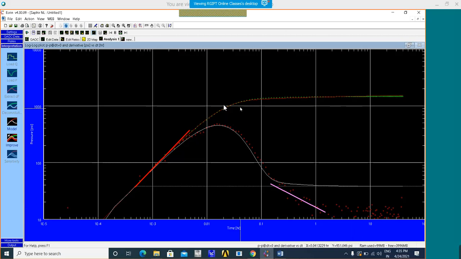Whenever you have any problem in the match, what you should do is look at where you have seen the spherical flow. So this one, for that again you can improve it.